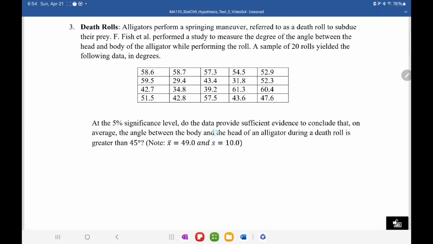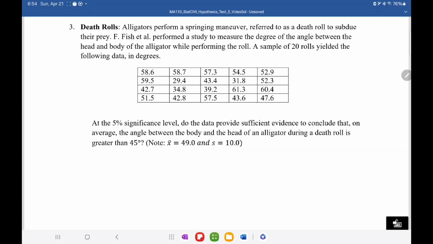The fact that they've given us s immediately tells us that this is going to be a t-test procedure, correct? The population standard deviation is nowhere to be found here, but they've given us the sample standard deviation, so we have to use the t-test procedure.